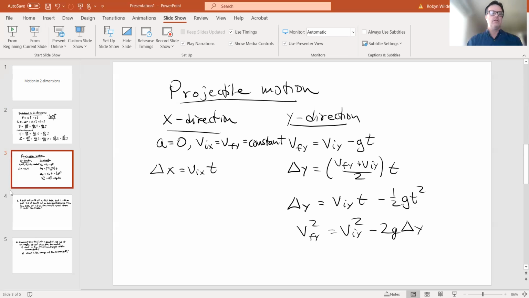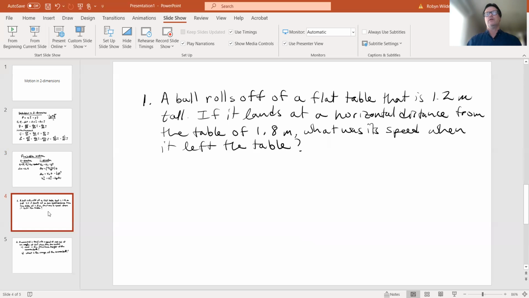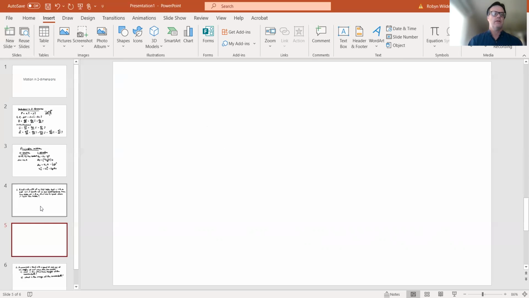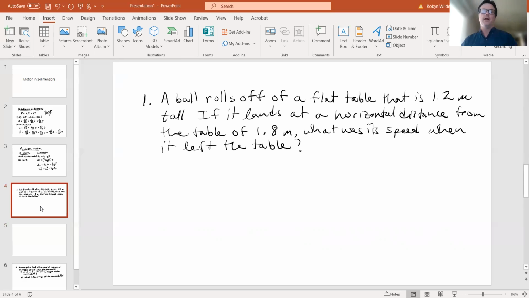But I think the best way to deal with this is to go ahead and look at a couple of example problems. So the first example is what I would call a zero launch angle problem. In this problem, the ball is just rolling off of a flat table. The ball is going to come and roll off of the table at some speed.